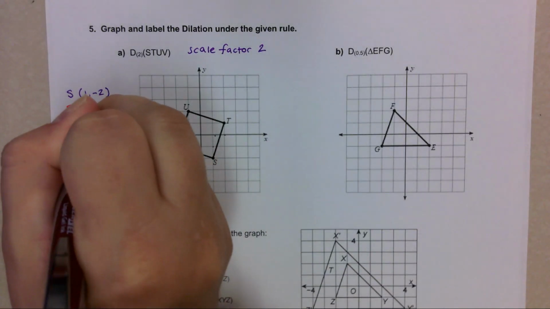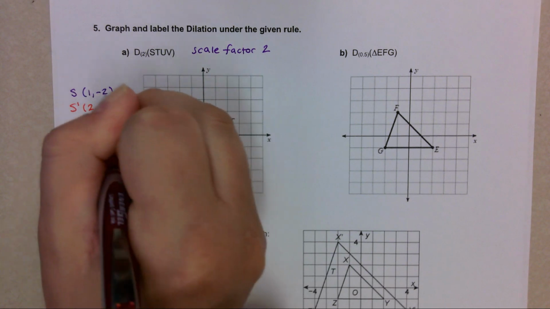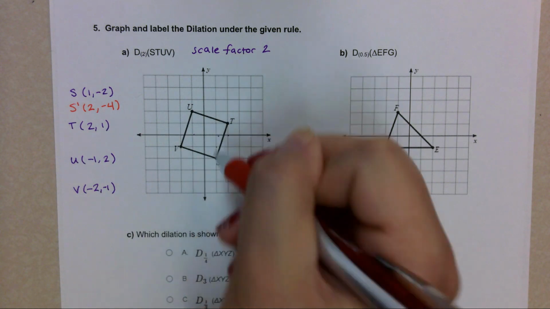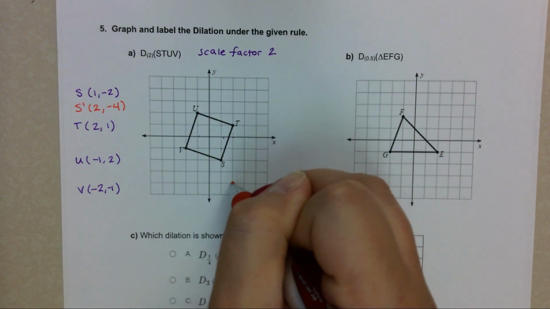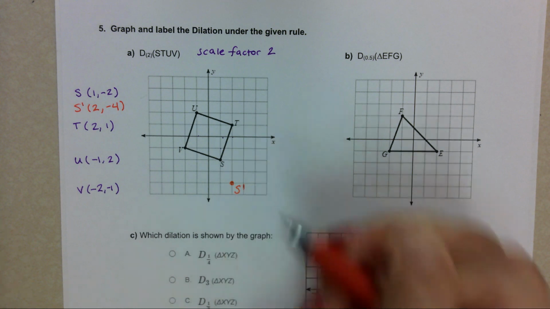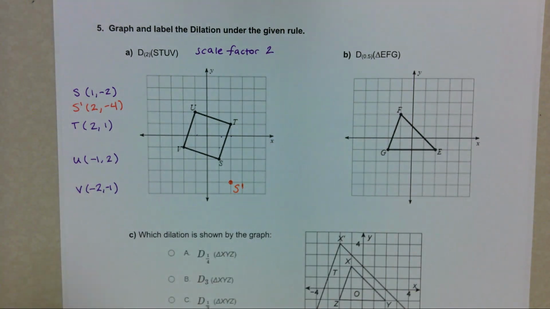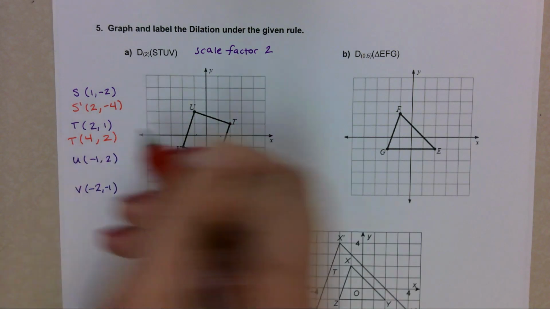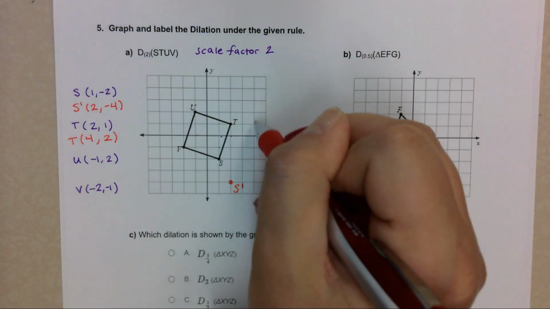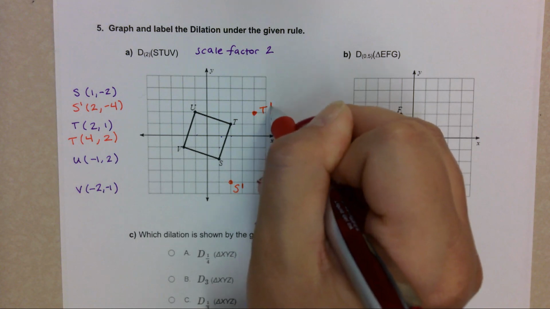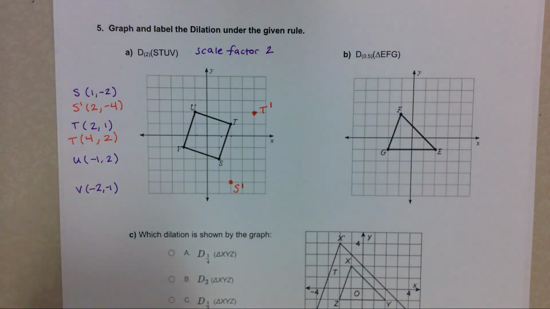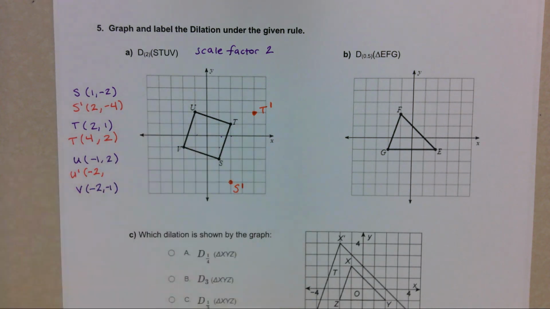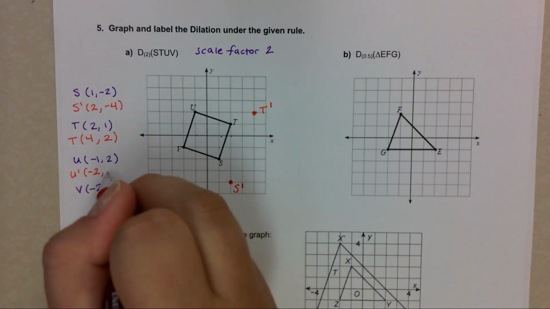And so for my dilation, I'm going to multiply all of my vertices by 2, since that's my scale factor. So S prime is going to be 1 times 2, which is 2, and -2 times 2, which is -4. So 2, -4, and label it S prime. T prime is going to be 2 times 2, which is 4, and 1 times 2, which is 2. So 4, 2 is T prime. U prime is going to be -1 times 2, which is -2, and 2 times 2, which is 4.